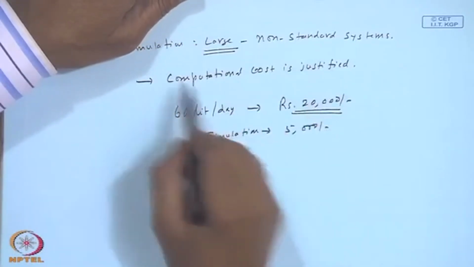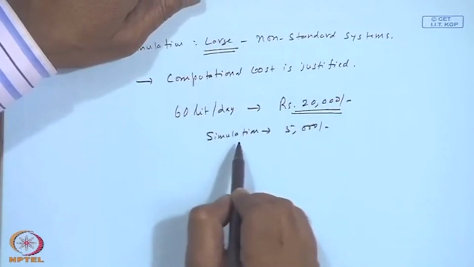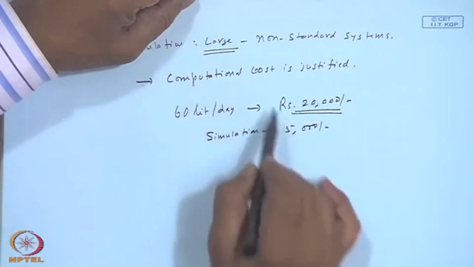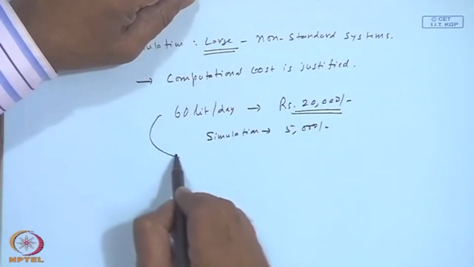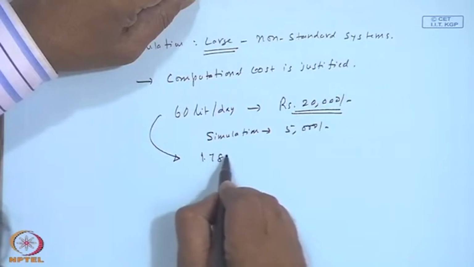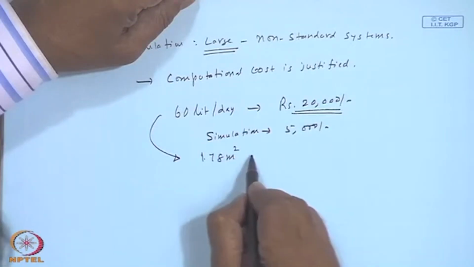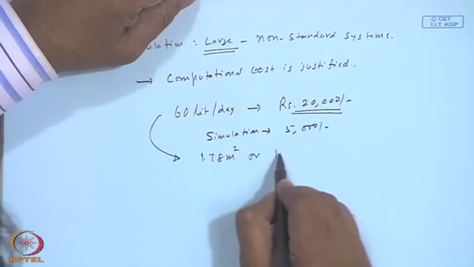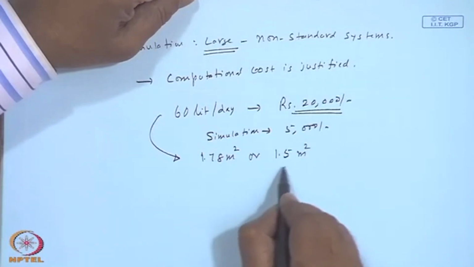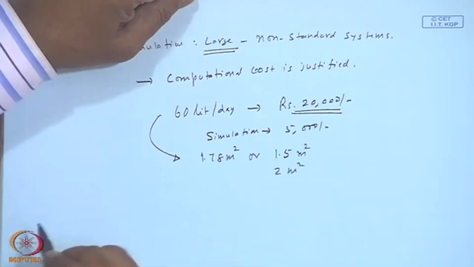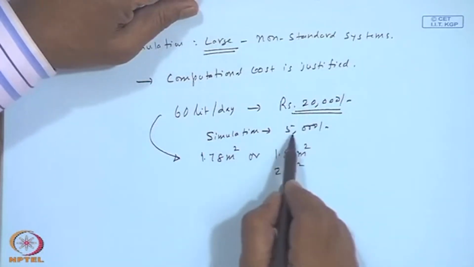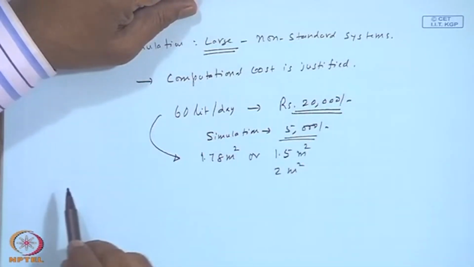Consequently, if you have a standard system, you would like to have a simple method instead of going through the simulations, which ultimately may come out with an area requirement of 1.78 meter square, or you may have a standard module of 1.5 meter square or 2 meter square. Whether you put 2 meter square at the rate of this 20,000, this additional 5,000 gets justified.